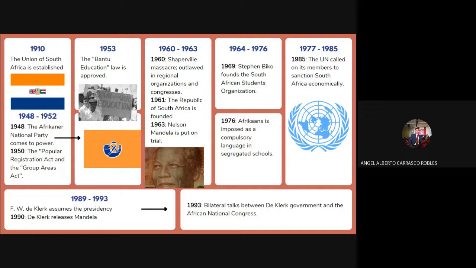But the architect of apartheid is Hendrik Frensch Verwoerd, who would establish several laws in favor of the white population and constantly segregate the original population, such as the Bantu. Some of the laws are the Population Registration Act, the Group Areas Act, and the Bantu Education Act, and these will be explained later in the presentation.